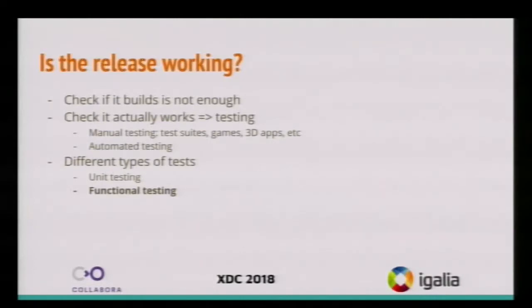But at least we have some kind of quality, and it really helps Intel and us. So that's for unit testing. Then there's the functional testing, which basically takes a game, runs it, and checks if there are problems or even regressions. But for this part, Pierre-Luc will explain it.